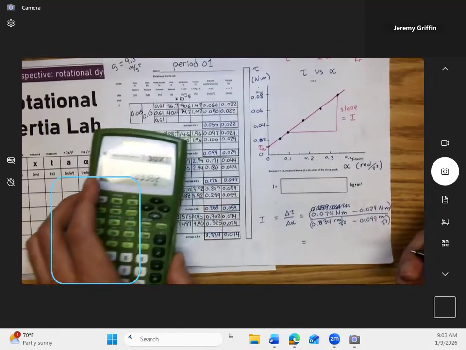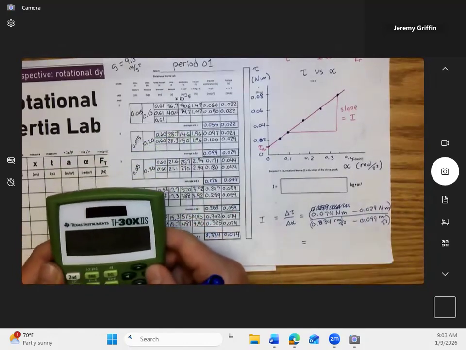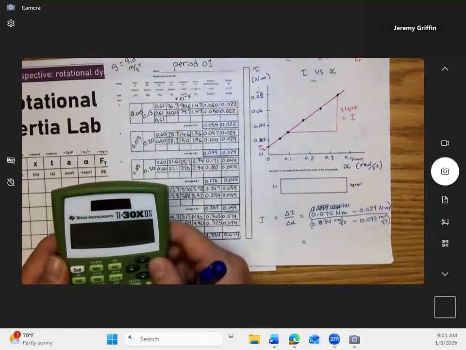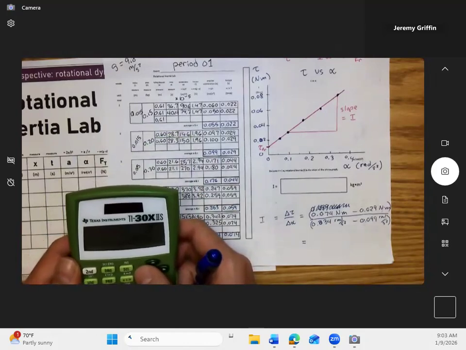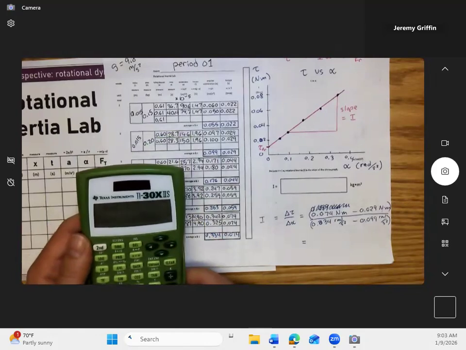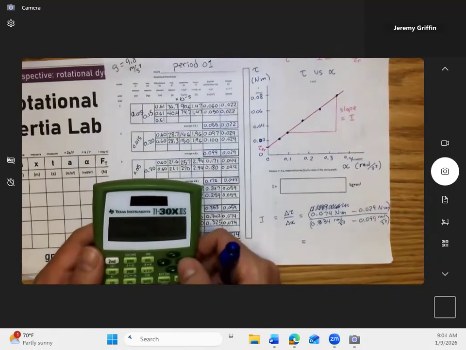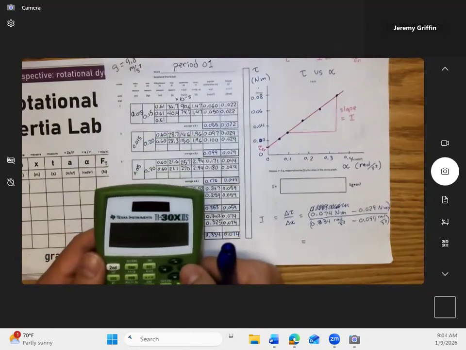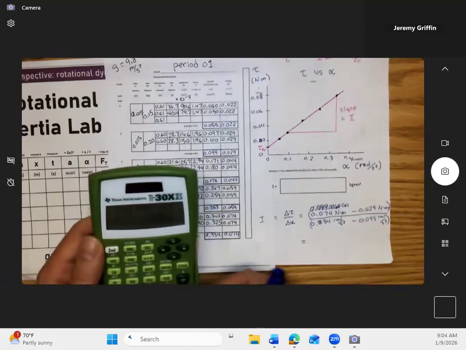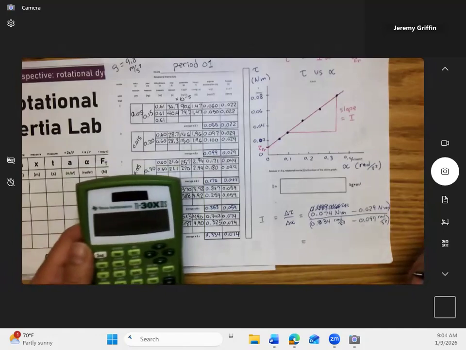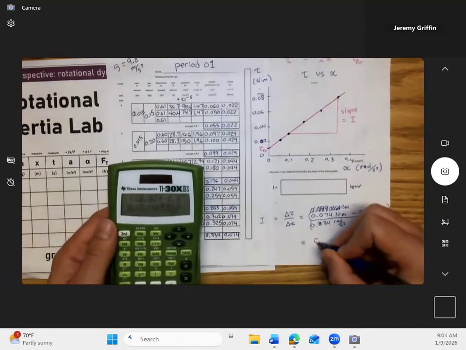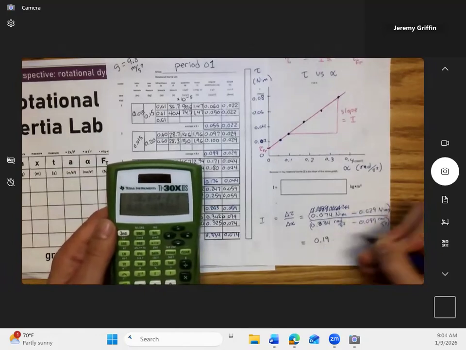Hold on. It gave me 0.2. Did I type that right? Okay, what are you guys getting? 0.20. Wait, you're getting what? 0.20. Okay. You get like 0.19. That's what I got. Yeah.